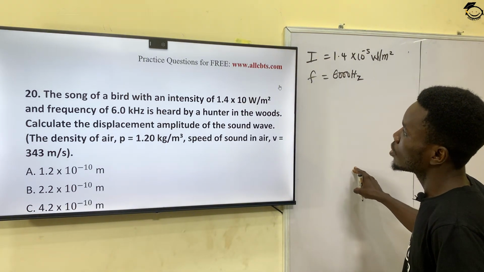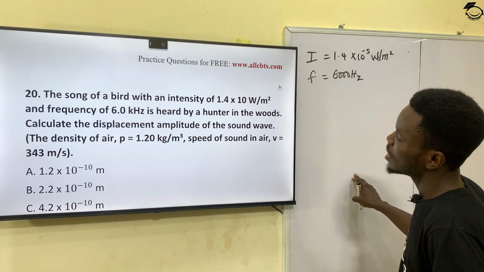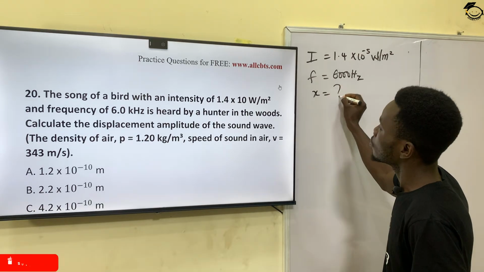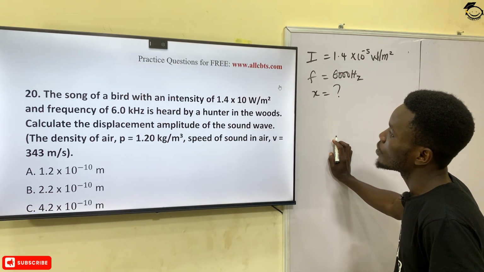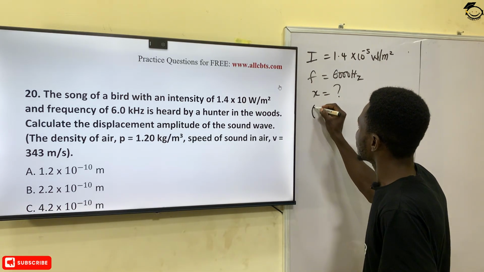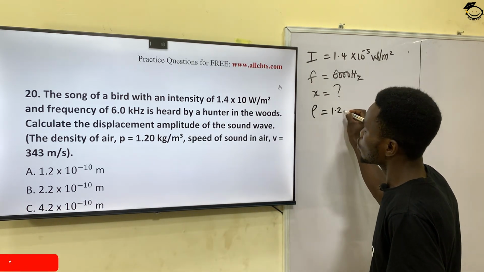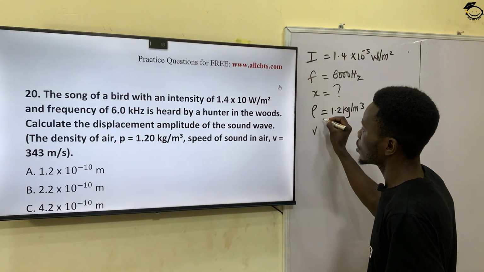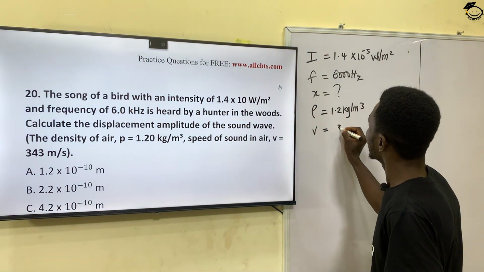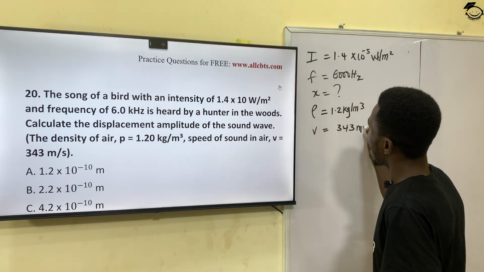It is heard by a hunter in the woods. Calculate the displacement. So we're looking for the displacement amplitude of the sound, which we don't know. Then they gave us our density rho as 1.2 kilogram per meter cube, and the velocity of sound in air as 343 meter per second.